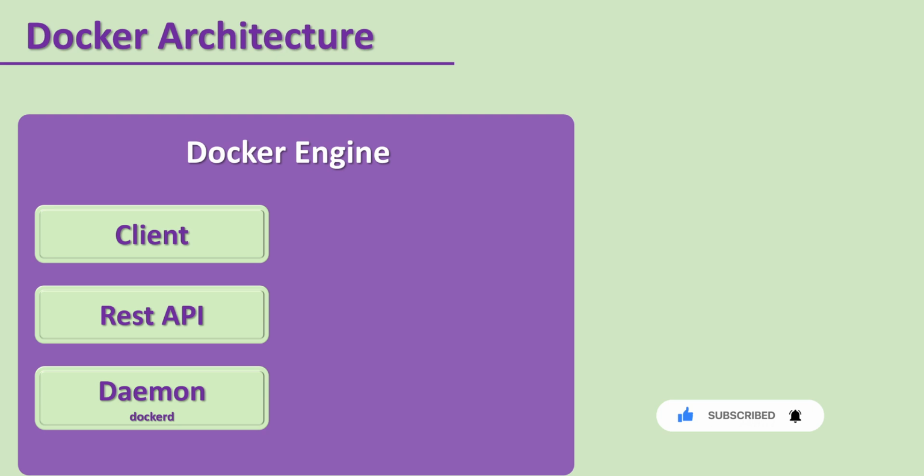So you can understand that Docker engine acts like client and server, where dockerd acts as the server, whereas the Docker client and REST API act as the client.